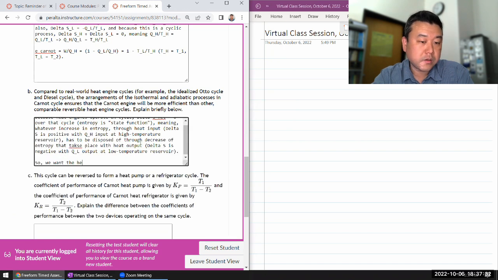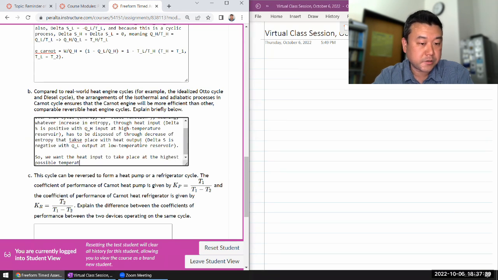So we want the heat input to take place at the highest possible temperature, which minimizes delta S equal to Q over T. If T is high, that means delta S is small.